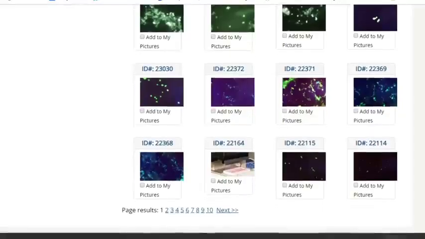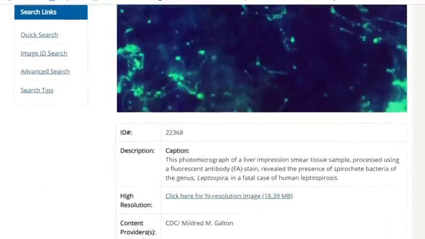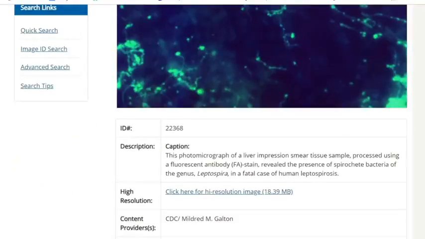I want to know what a corona antibody looks like. A photomicrograph of a liver impression smear tissue sample.